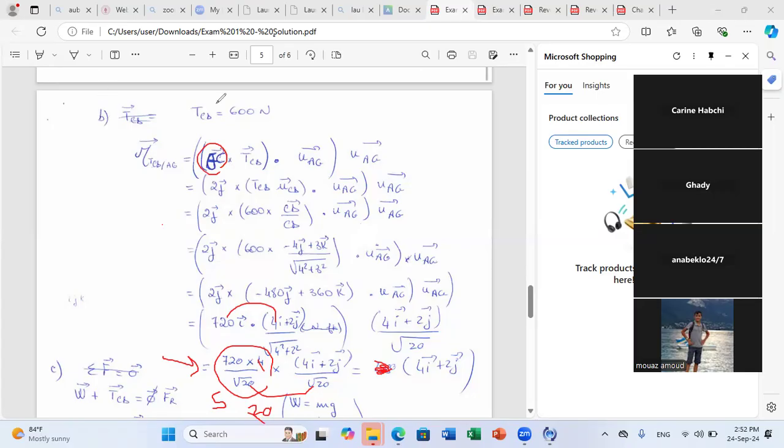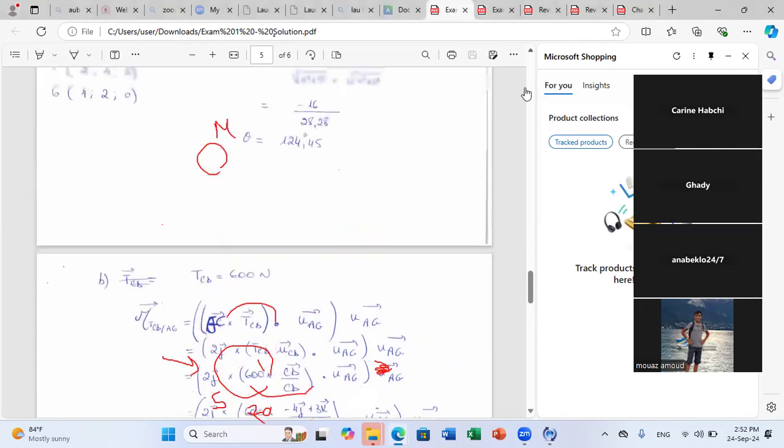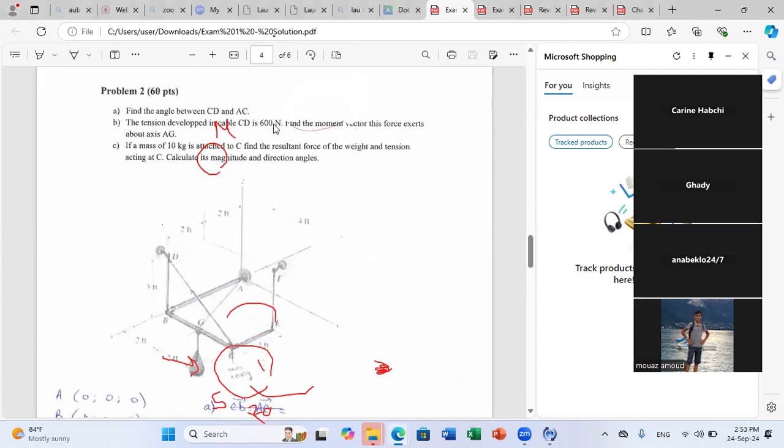What is the formula? You want to project the moment of TCD. First, go back to the question: you want the moment about which axis? You want the moment of tension CD. So you have this. One second, just to select. Okay, look, this is TCD, this is your vector, and you want to find the moment of TCD about axis AG.